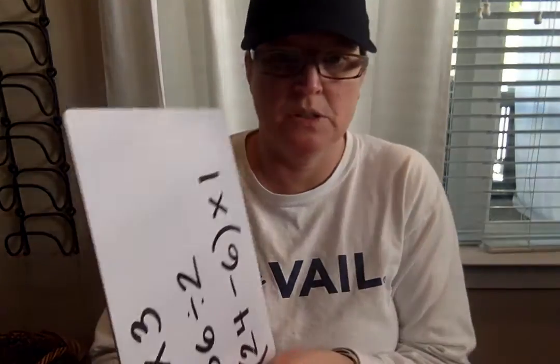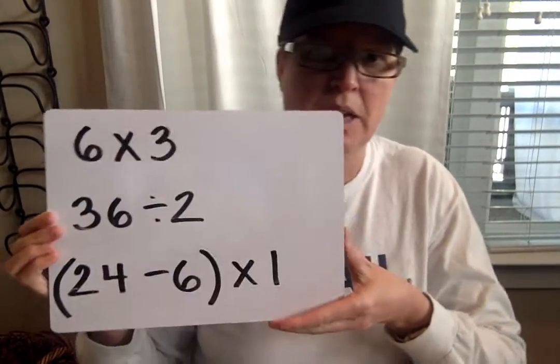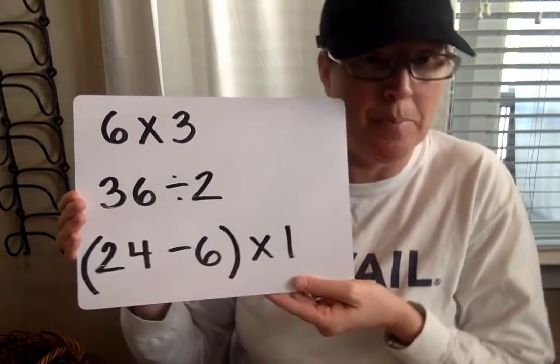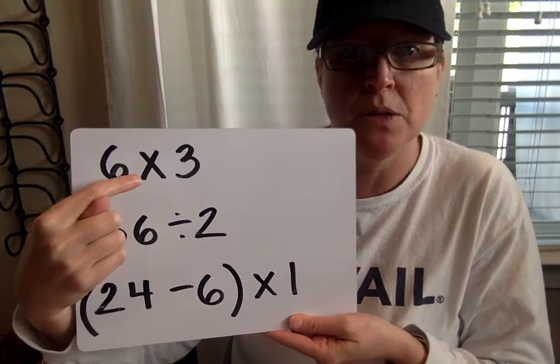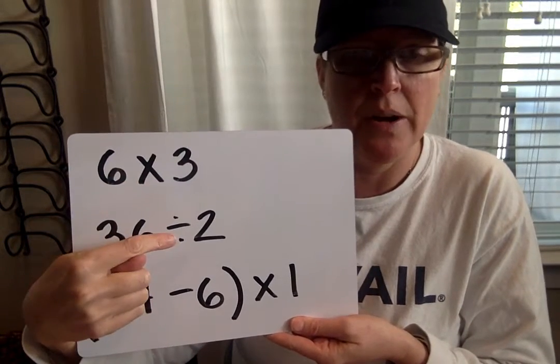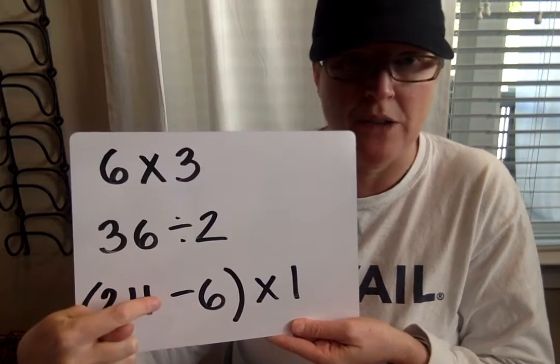So I want to think of ways I can write number models that equal 18 without using the plus key or the number 8. So this is what I came up with when I was thinking about it. And you can use my problems, but I want you to come up with some of your own problems too. So I know I can use multiplication, I know I can use division, and I know I can use subtraction.